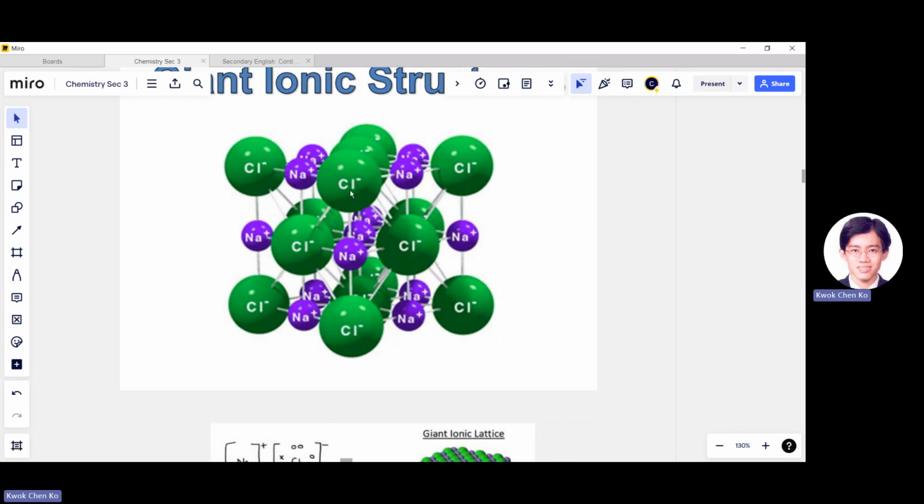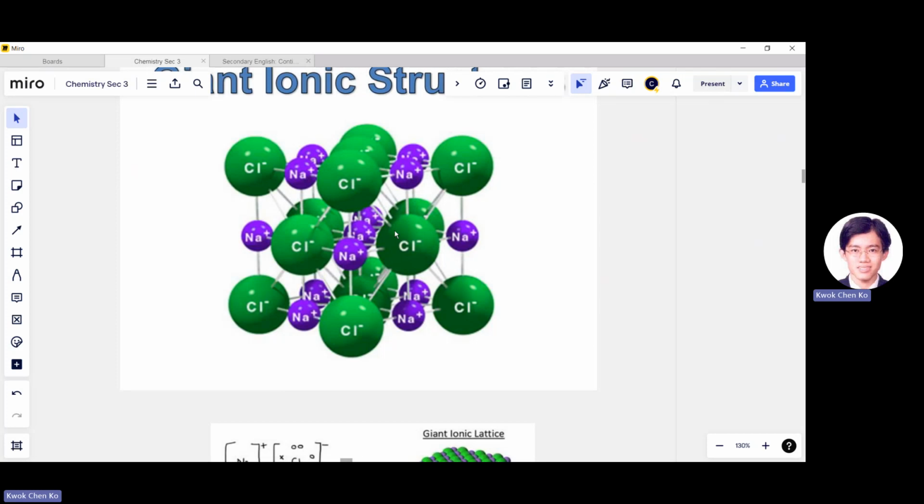By the way, the chlorine ion is quite big, sodium is smaller. So they are all joined up. Imagine this is a solid. Remember solid? How do the particles behave in a solid? They vibrate in fixed positions, in a regular pattern, an orderly structure.